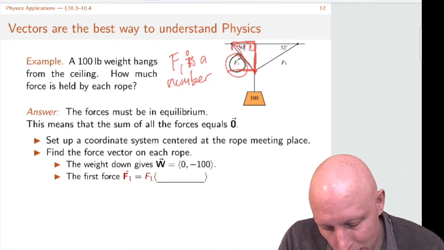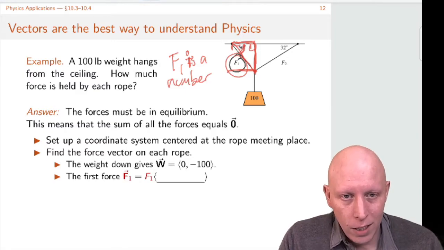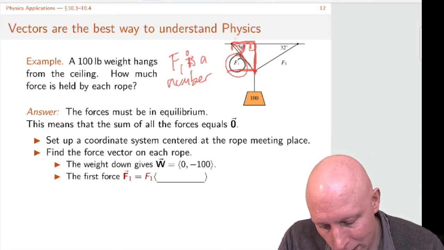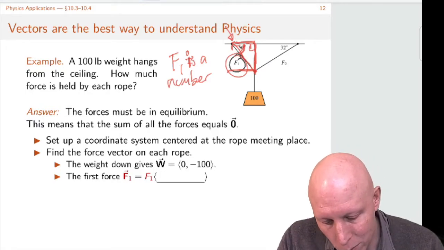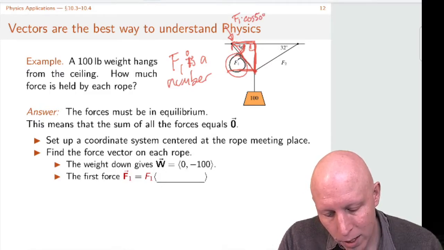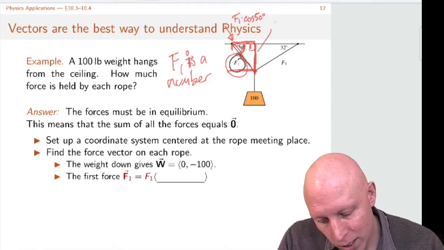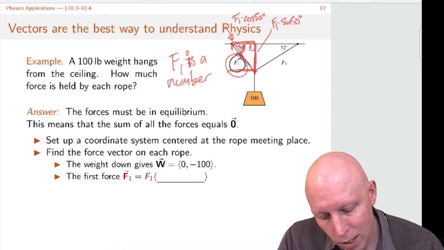So we see this 50 degrees here, and we know that the adjacent part of this is going to be F1 times, so adjacent is cosine of theta, and the vertical part is F1 times sine of 50.